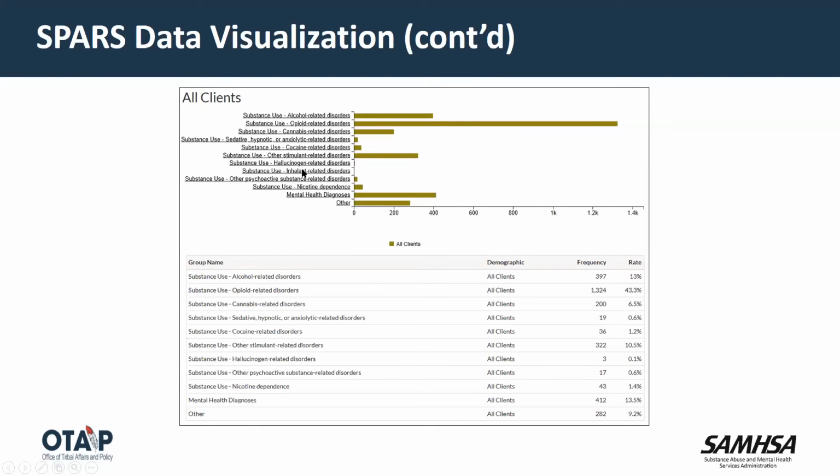This is diagnosis data that was collected on Gipra, another bar chart and table to go along with it. We don't want you to think that this data is just something you're doing for SAMHSA. It's also data that you can use to inform your own program and improve your own efforts as well.